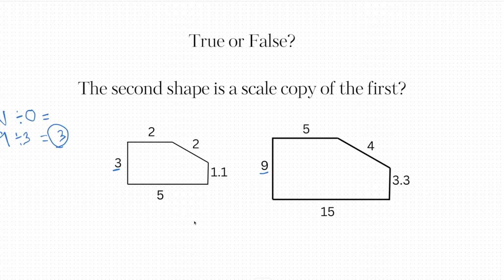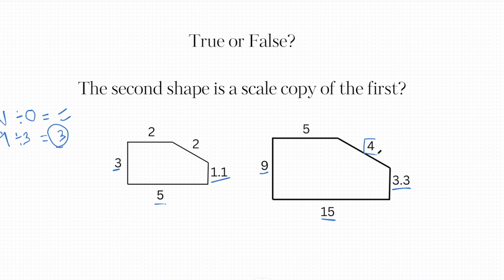So let's test this. Here we have 15 and 5. Well, I know 15 divided by 5 is also 3, so that works. Here we have 3.3, and the corresponding side over here is 1.1. So 3.3 divided by 1.1 is also 3. But look at this one.